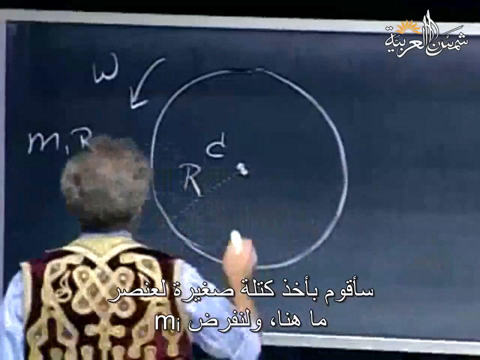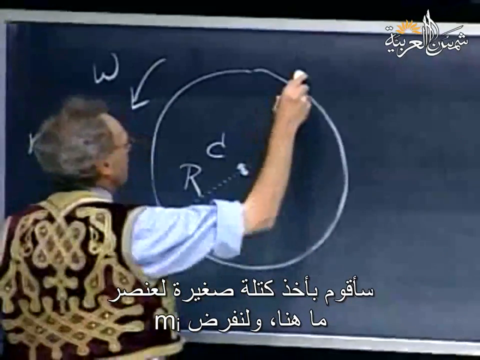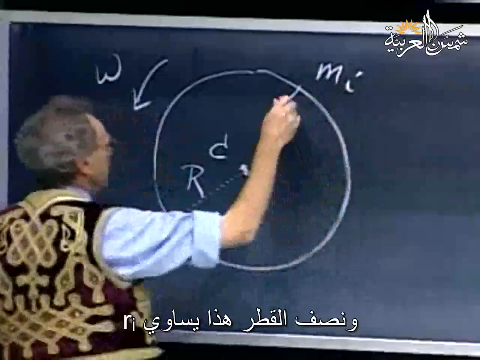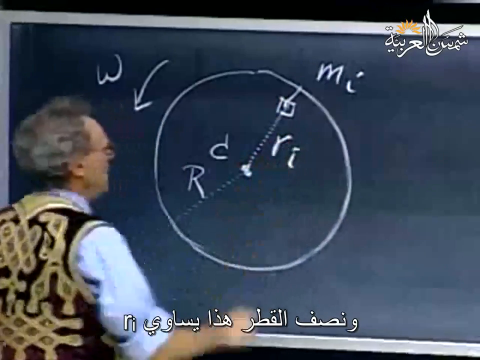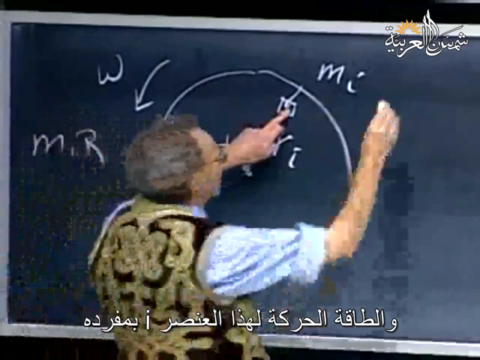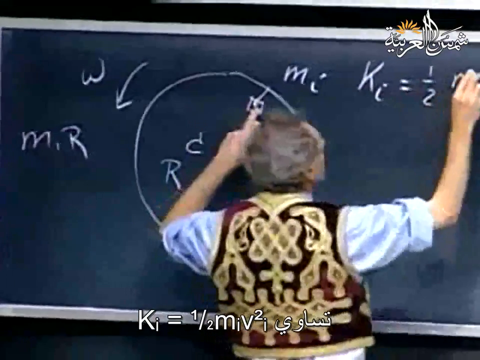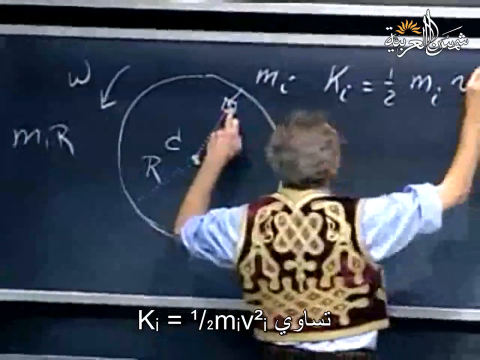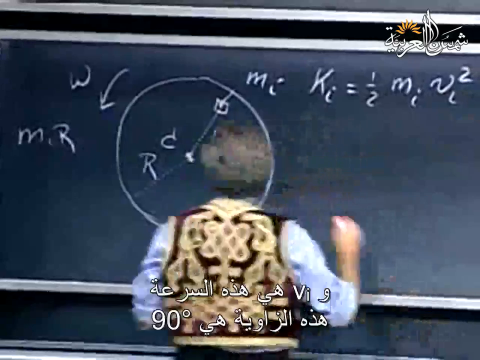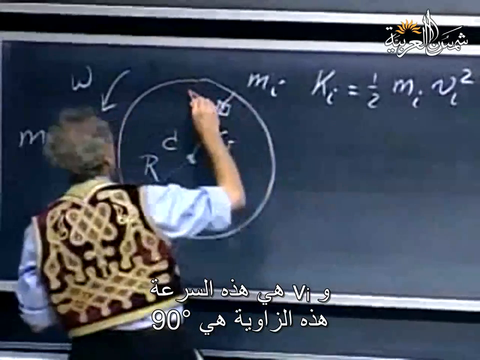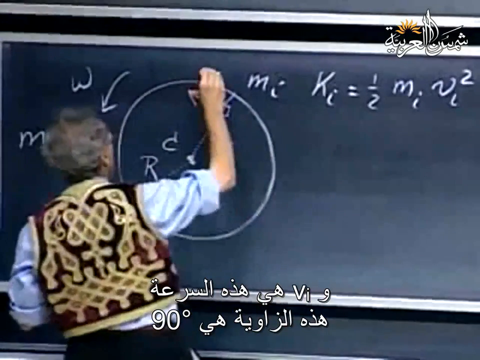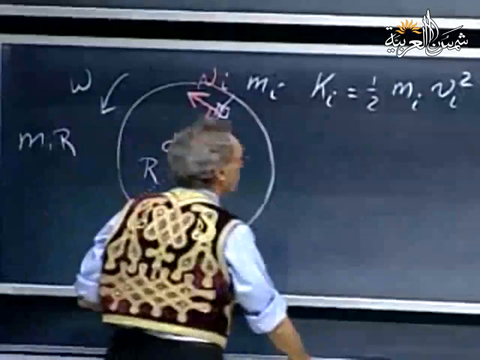I take a little mass element here, m of i, and this radius equals r of i, and the kinetic energy of that element i alone equals 1/2 m of i times v of i squared, and v of i is this velocity. This angle is 90 degrees. This is v of i.